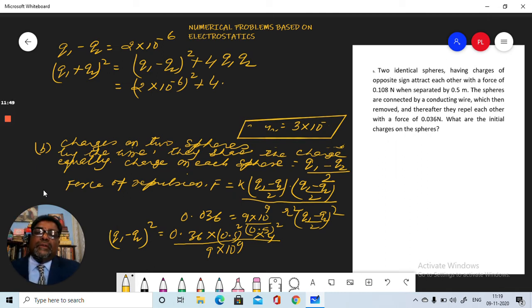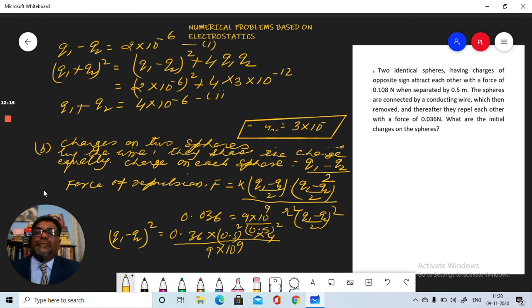Now solve it. You will get Q1 plus Q2 will be 4 into 10 raised to the power minus 6. So this is your equation 1 and this one is equation 2.